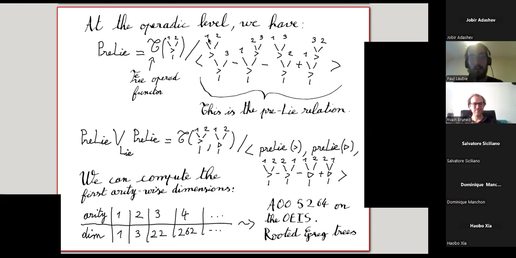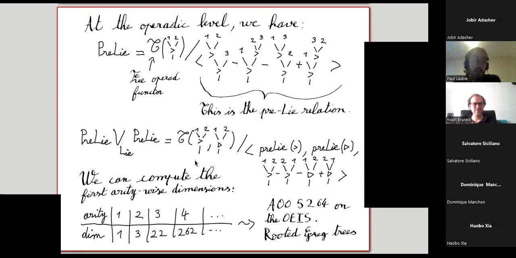If I replace 1 by x, 2 by y, and 3 by z, I have exactly (x ◁ y) ◁ z minus x ◁ (y ◁ z), which is the associator, minus the associator with y and z reversed. And thus, we have a really nice presentation of the coproduct of two pre-operads over the Lie operad.